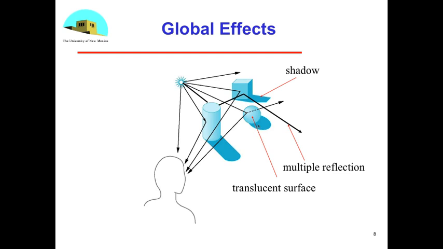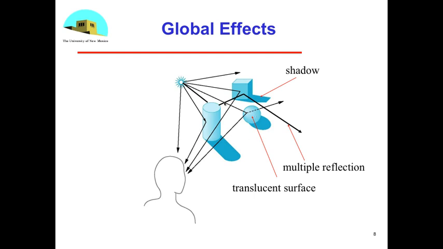Then you'd have more complex effects where if this was a translucent sphere, like a glass ball of some sort, some light would be reflected back to me off the surface. Some of it would be transmitted through and then come out the other side. This ray might go off to infinity, but it also might bounce off something and come back into my eye, which obviously complicates things a bit.